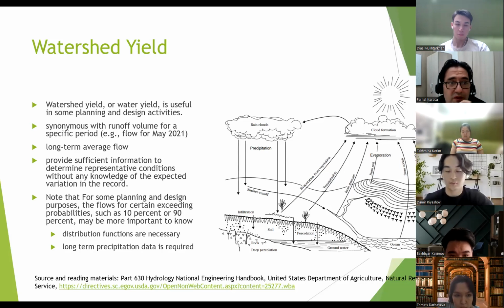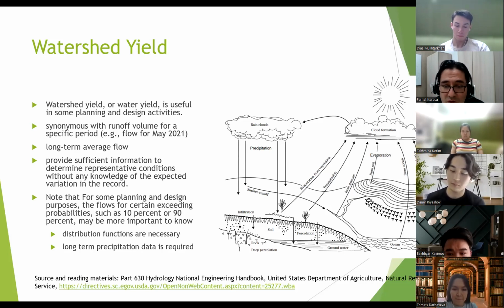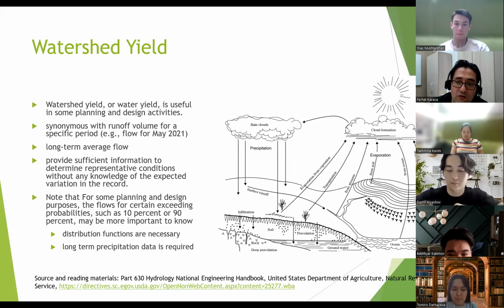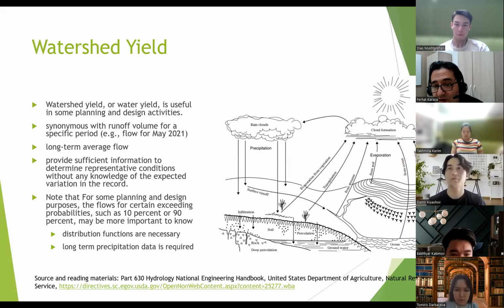So basically, all the precipitation will be yielded into the watershed, and it will flow over a reservoir. The reservoir could be a natural lake, or it could be an engineered reservoir like a dam. Okay, so I think it is clear what a watershed is. Do you have any questions? Did you get it?